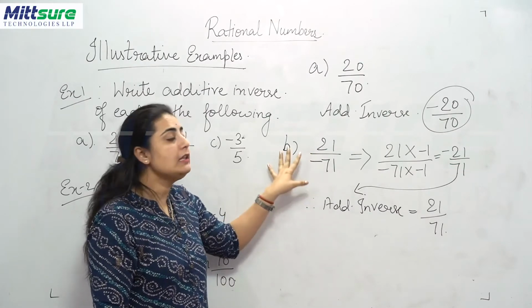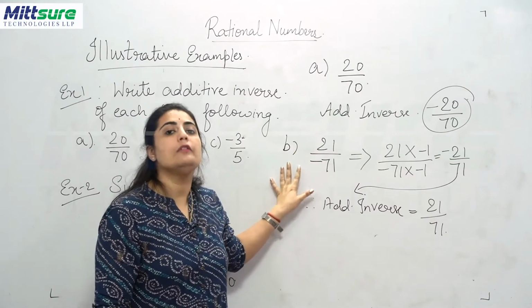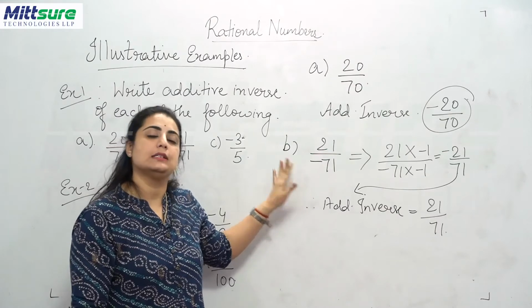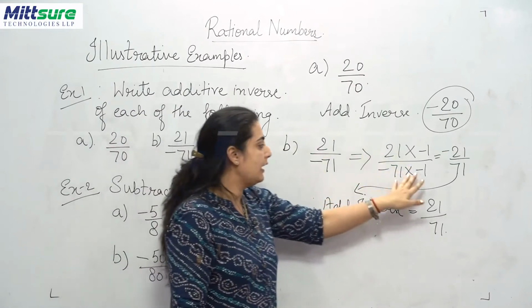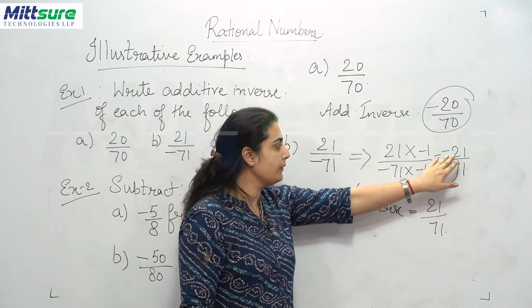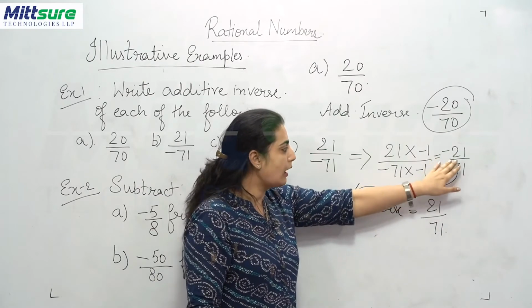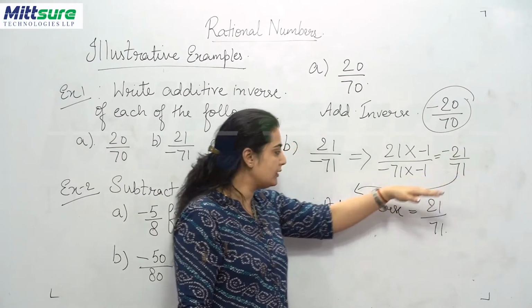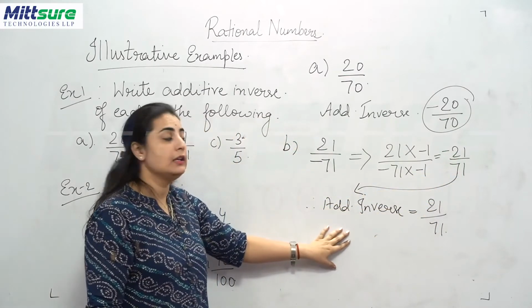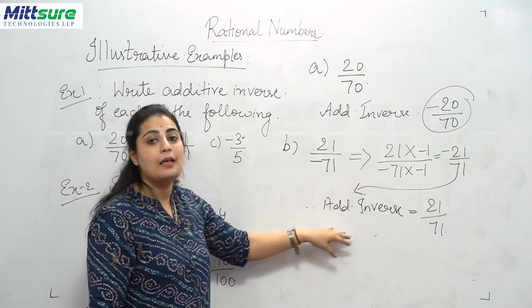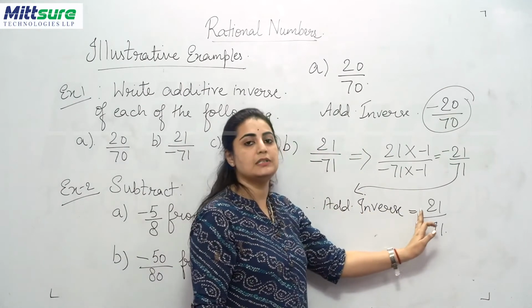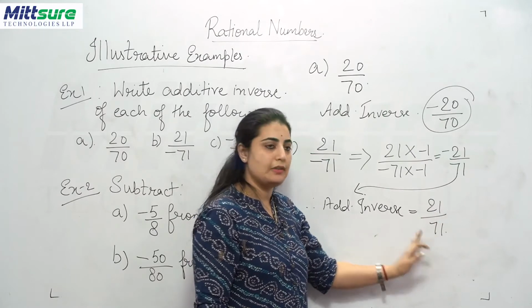So to find out the additive inverse, first of all, we need to change this rational number to its standard form. The standard form here comes to be minus 21 upon 71. Then what is the additive inverse of the given rational number? The additive inverse of minus 21 upon 71 is positive 21 upon 71.